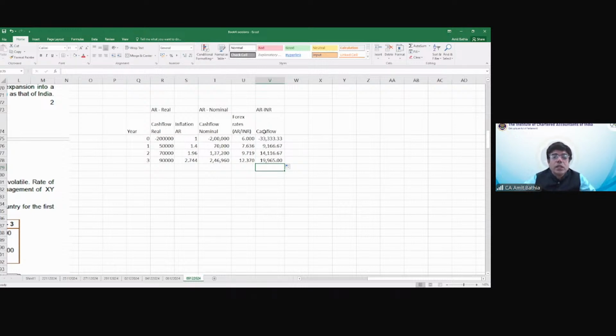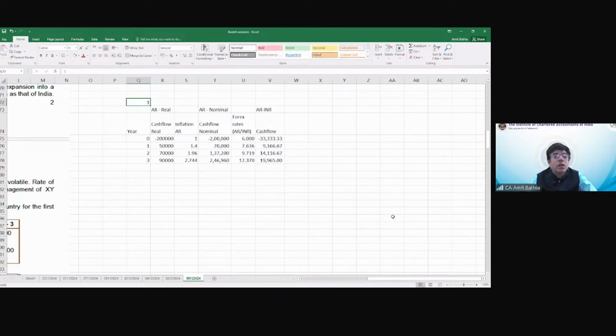Okay, but remember, this is nominal cash flow, AR to INR, which we already converted. Now I'm going to mention the column numbers for easy reference.